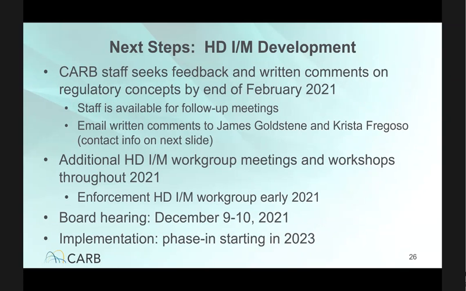As I stated at the very beginning, this is the starting point. This is to be able to further our discussions with all of you and have a little bit of meat on the bones that we can start revising and reworking. So we do want any initial feedback and comments today, but again, not your only opportunity to provide that. We'd like to get written comments by the end of February.